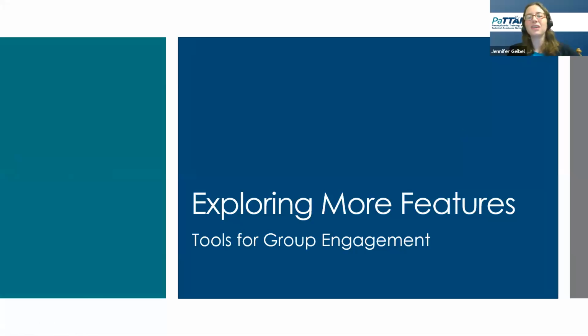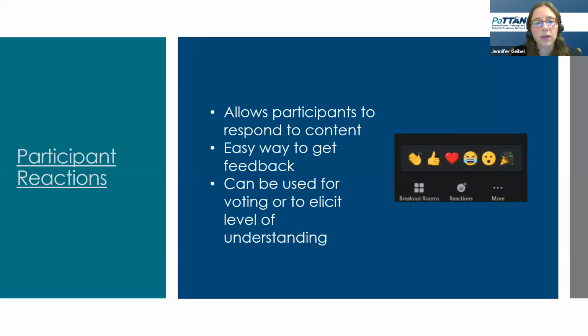All right, we're going to look at a few more features now. So those are tools that I would use with individuals that I would be working with, and some of them I might use with groups as well. But there are a few tools that I think really gravitate towards group engagement. And one of them is participant reactions. So we talked earlier about how you have that participants bar on your controls.